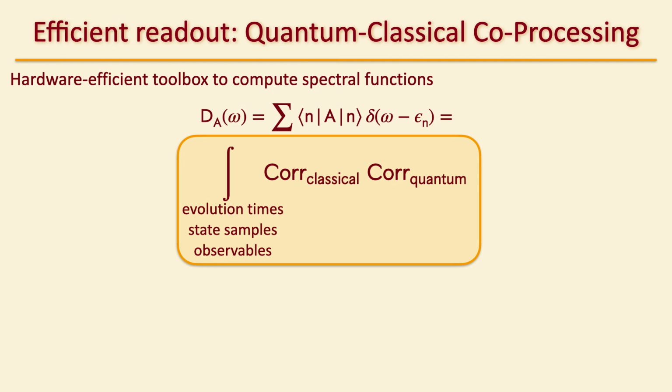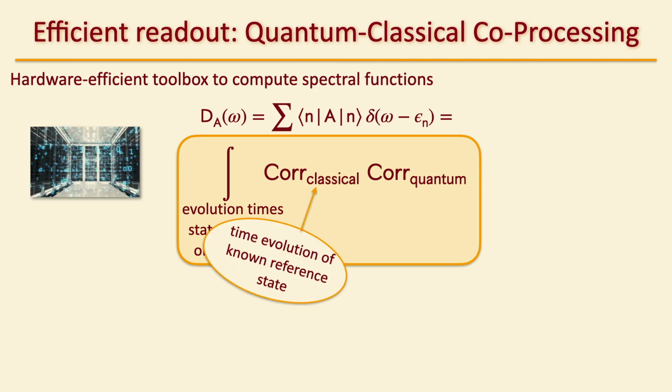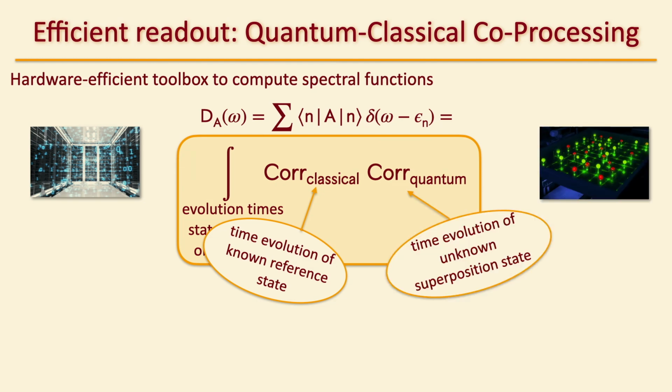And each of them consists of a classical correlation, which is the time evolution of a known reference state, which can therefore be calculated very efficiently classically, and the time evolution of an unknown superposition state, which we need to do on a quantum computer. And this is really what we need the quantum computer for. This is this step here.